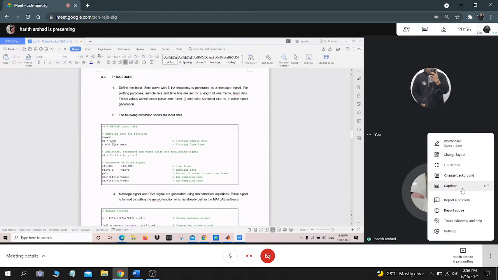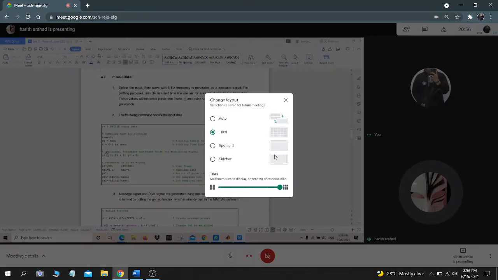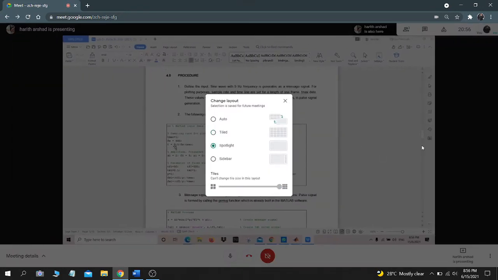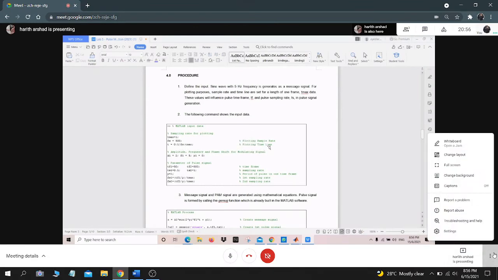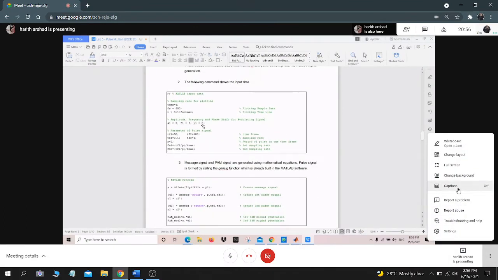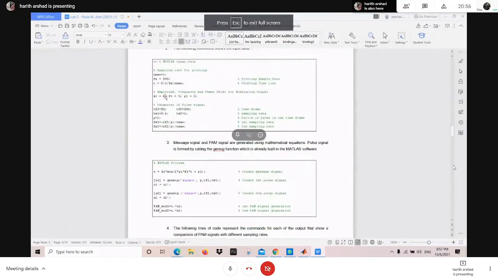Fs equal to 500 is the plotting sample rate, and t equal to 1 over Fs max is the plotting timeline. Then the amplitude, frequency and phase shift of the modulating signal, and the code for the parameters of the pulse signal.